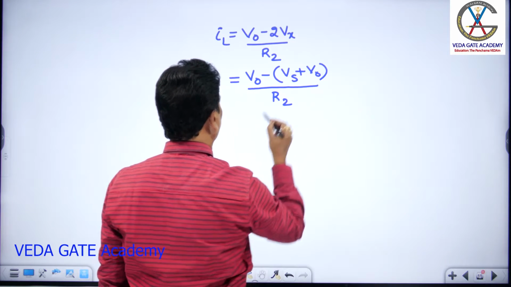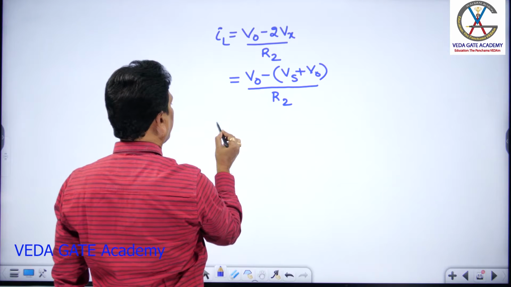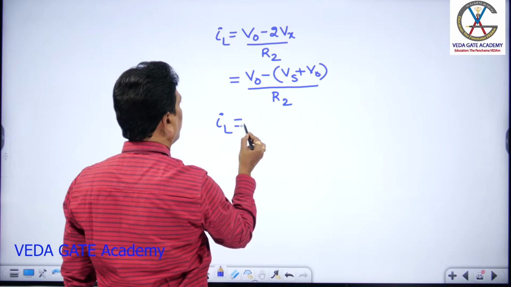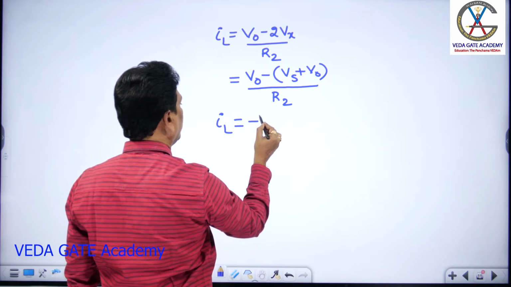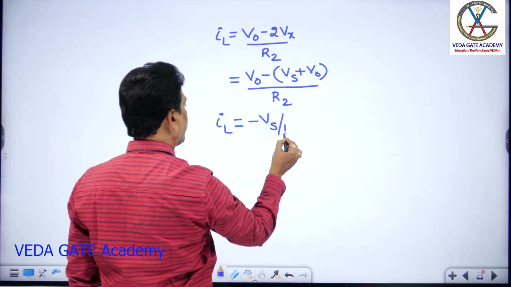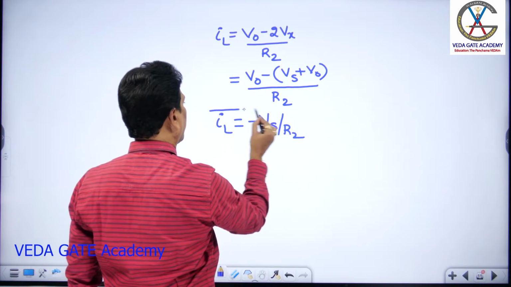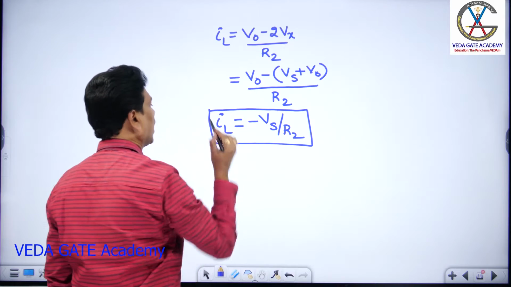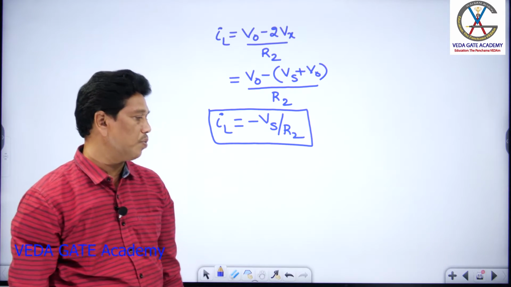If I simplify that, V0 cancels out, and IL equal to minus Vs by R2. So this will be the current in the load element RL.